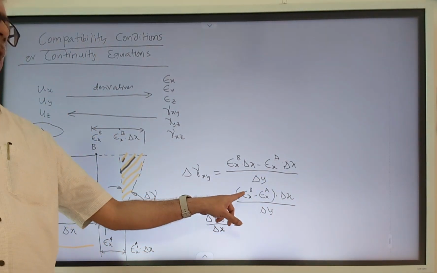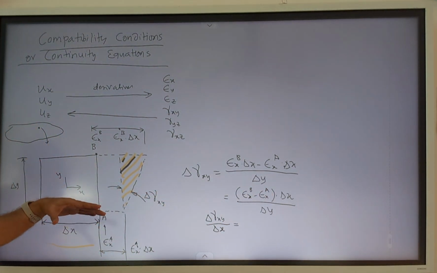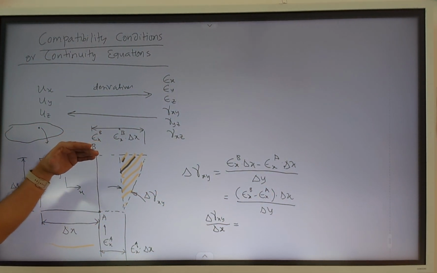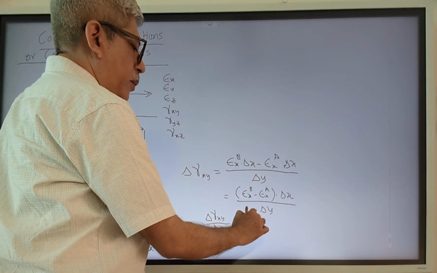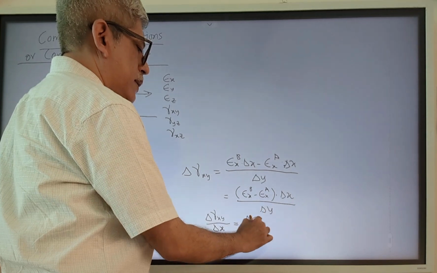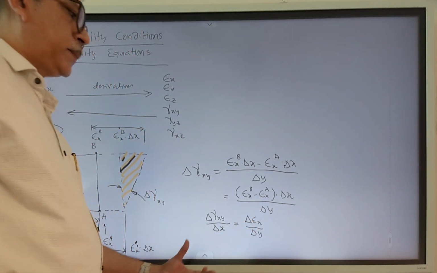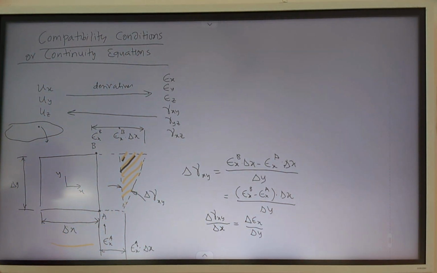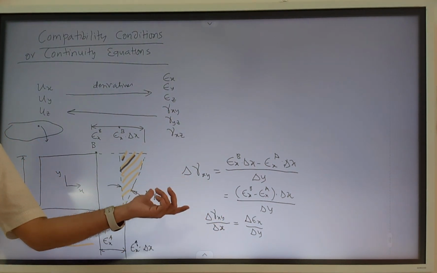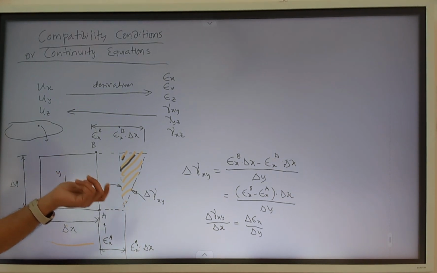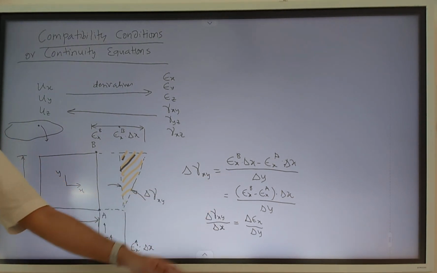By rearranging the terms, we can write delta gamma xy by delta x equal to the difference in strain between the bottom edge and top edge of this particular component. So I am calling that delta epsilon x by delta y. That is the relationship we got, in terms of finite differences. If delta x and delta y tend to 0, we can convert this into differential form.